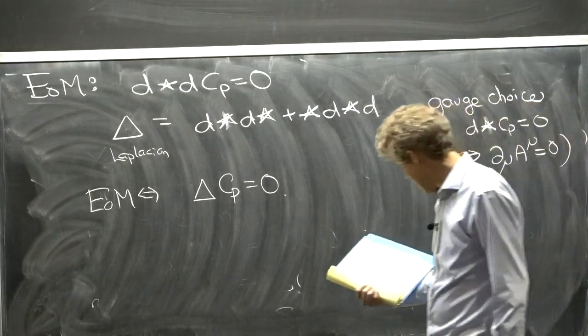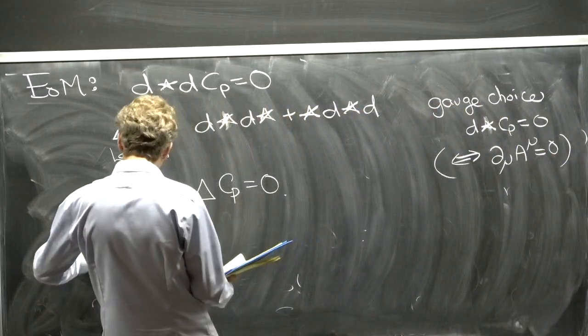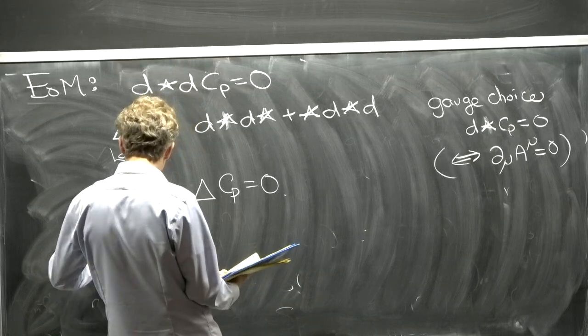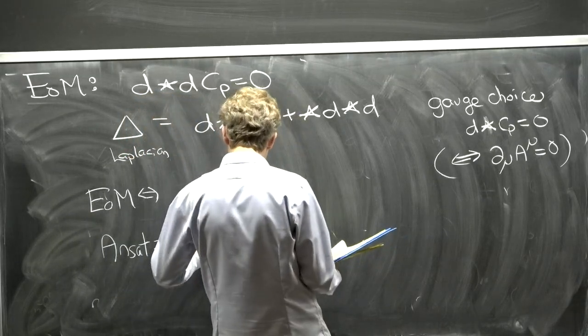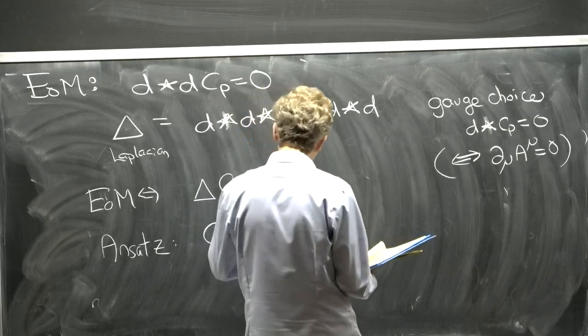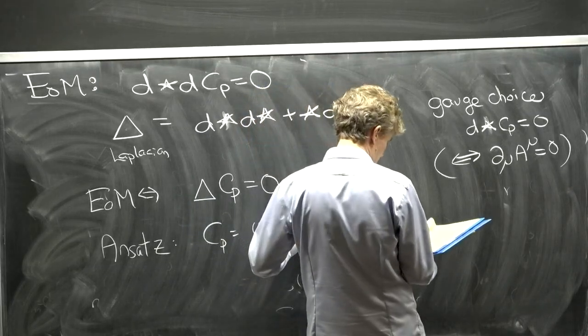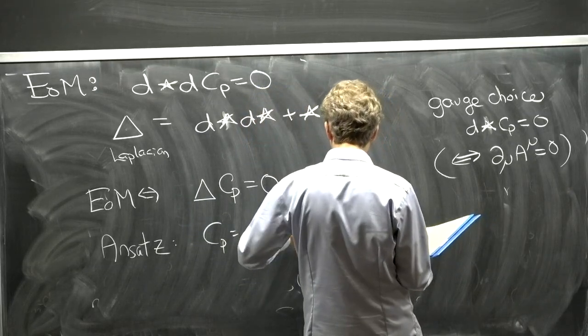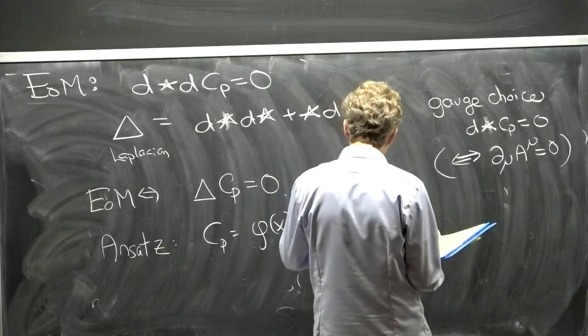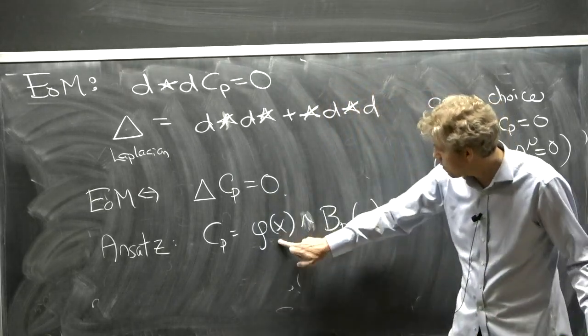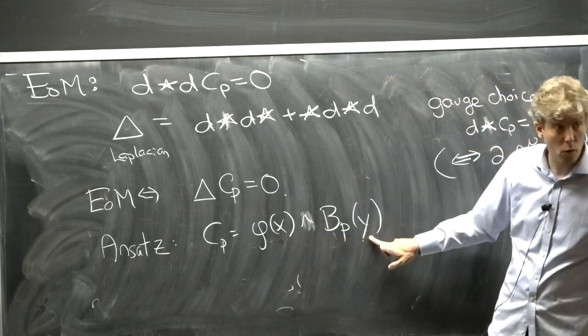Okay. Now, let's make an ansatz. We talked about dimensional reduction. We're going to make an ansatz in which C_p is some function of x, wedge, well, it's trivial because this is a 0-form, some b_p of y. Now, I remind you, x is my space-time coordinate, y is my internal coordinate.